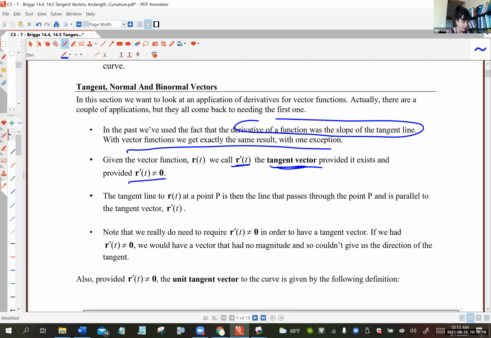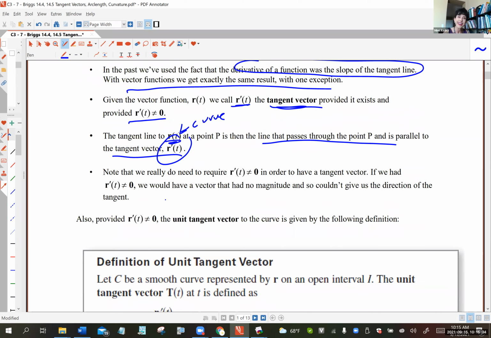So the tangent line to r of t, and r of t gives you the curve, that's the position vector, at a point P, is the line that passes through that point P and has a direction vector that is r prime. That's really cool. We do need to require that r prime isn't the zero vector in order to have a tangent vector, of course.